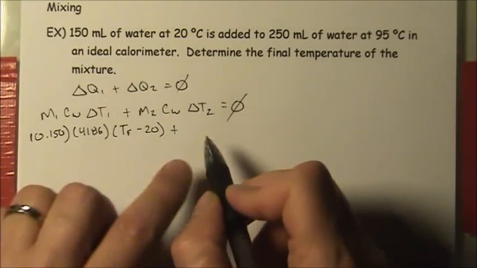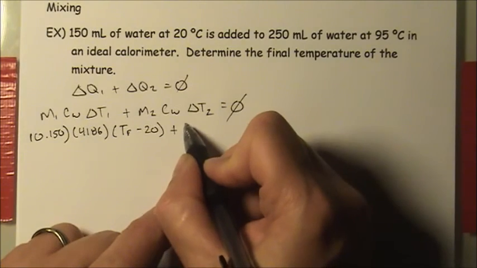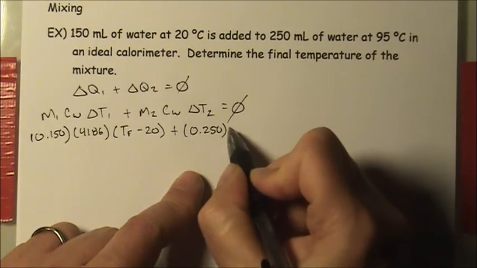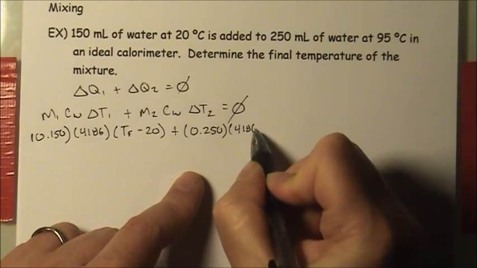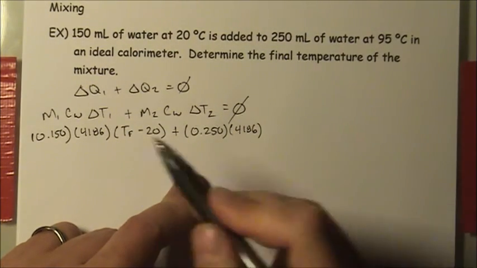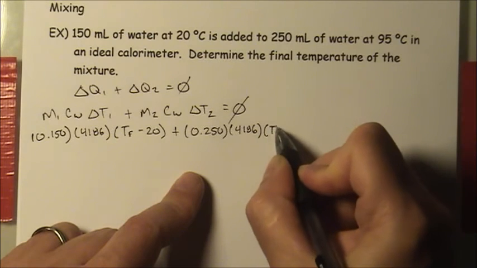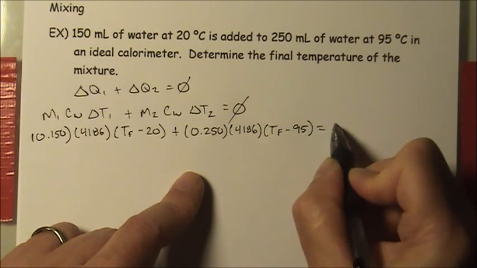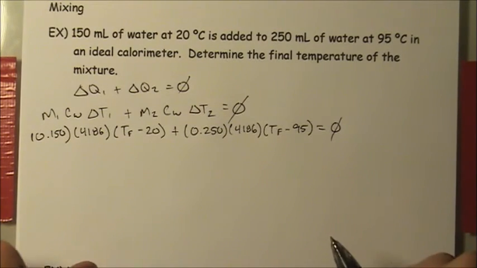I'm going to add that to the delta Q for the 250 milliliters of water. So that's 0.250 kilograms times 4186, same specific heat capacity as the other, and now it's TF minus 95. And that's all going to be equal to 0.